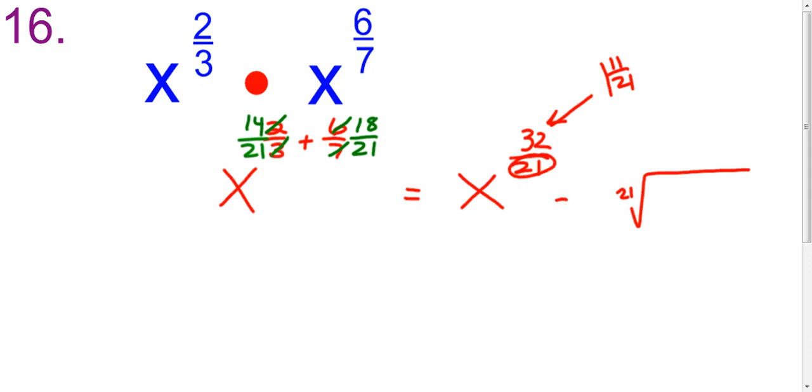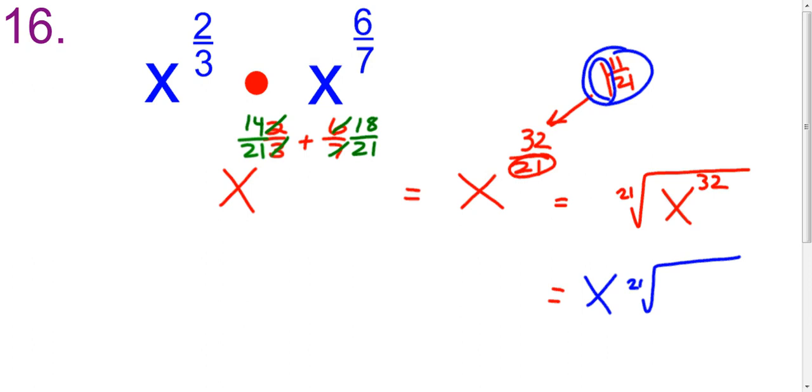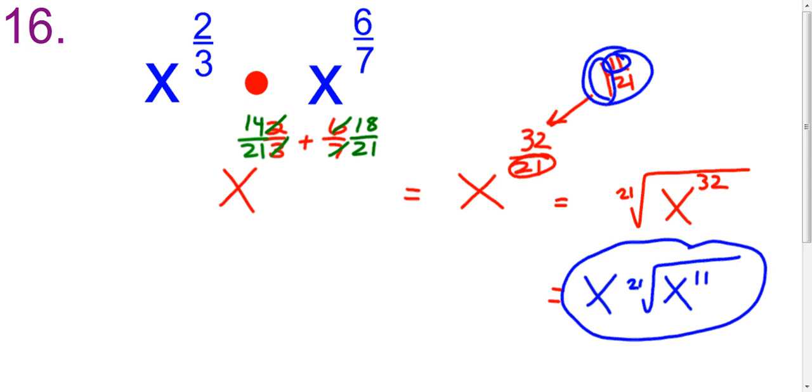Technically I have x to the 32nd in here, but we already know that that breaks down. So I will have an x to the 1st on the outside, and then the 21st is my index, and an x to the 11th on the inside. And that is it for this lesson.